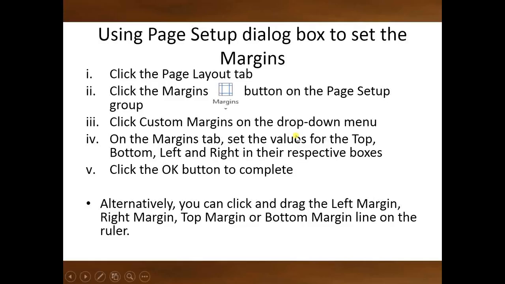The procedure is given to us as follows. Step 1, click the page layout tab. Step 2, click the margins button on the page setup group. Step 3, click custom margins on the drop down menu.